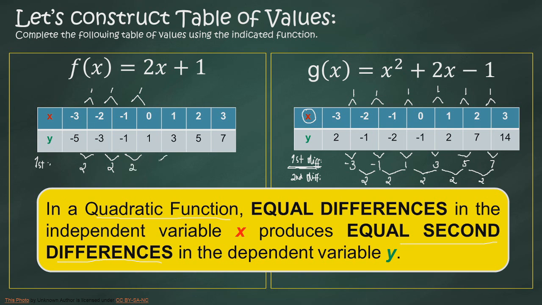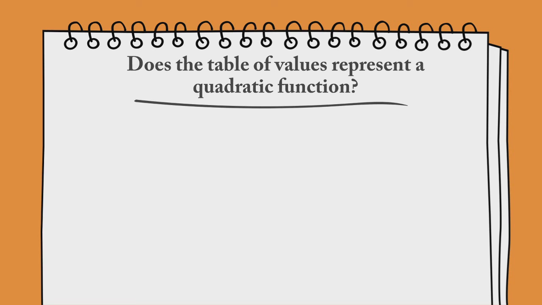And positive 2, so on. Okay. So yan yung kaibahan ng table of values of a linear function to the table of values of a quadratic function. So now let's try to identify table of values that represents quadratic function.